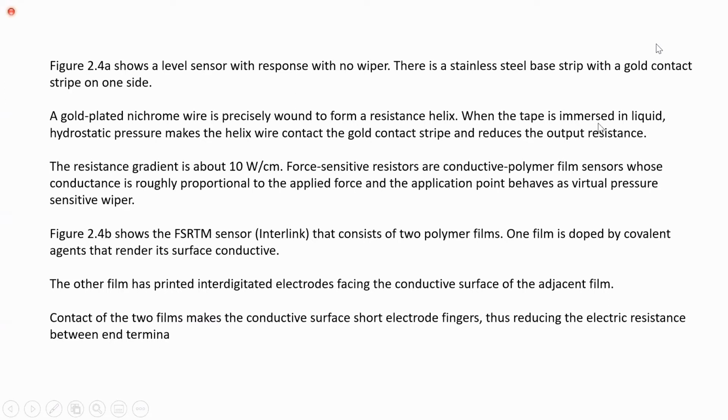When the tape is immersed in liquid, hydrostatic pressure makes the helix wire contact the gold contact. See, here we have the contact.